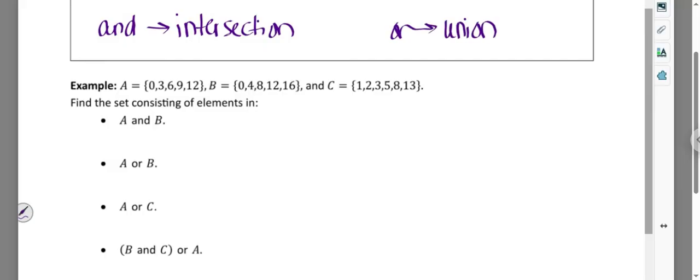So if you're given words, then understanding what symbols we use with that. So A and B. So which elements, numbers in A are also in B?